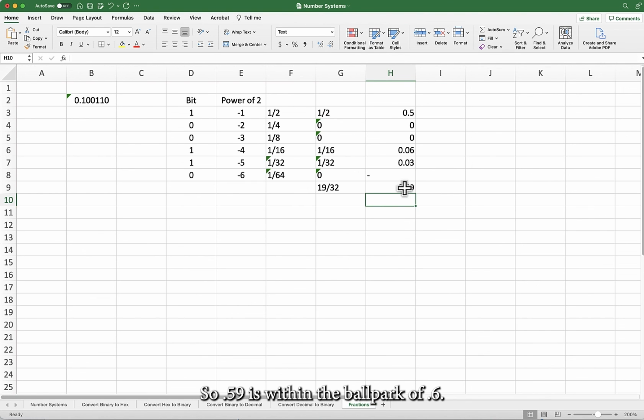So 0.59 is within the ballpark of 0.6, but it's not exactly 0.6. And as you keep doing math, the multiplications are going to essentially give you a bunch of errors, meaning you're not going to get exactly the correct answer, but it's going to be good enough.